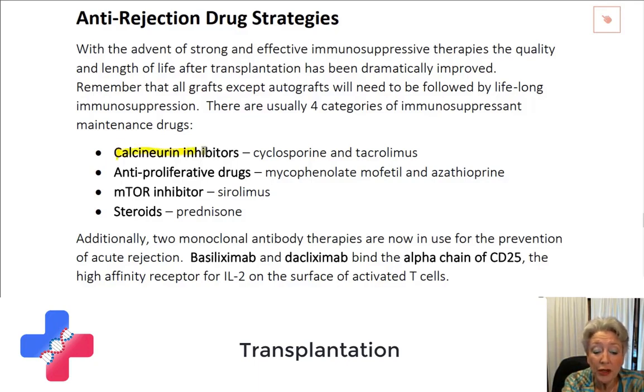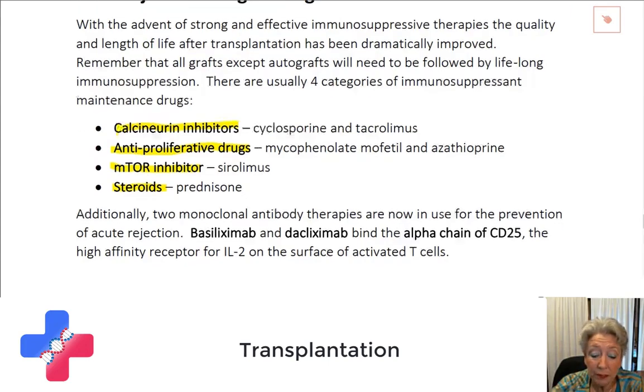The calcineurin inhibitors, cyclosporine and tacrolimus, the anti-proliferative drugs, mycophenolate mofetil and azathioprine, the mTOR inhibitor, sirolimus, and steroids like prednisone are all used in these capacities.